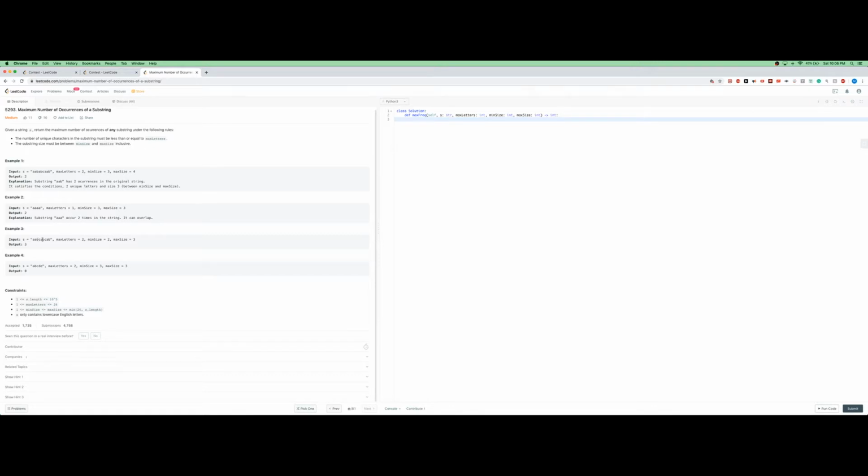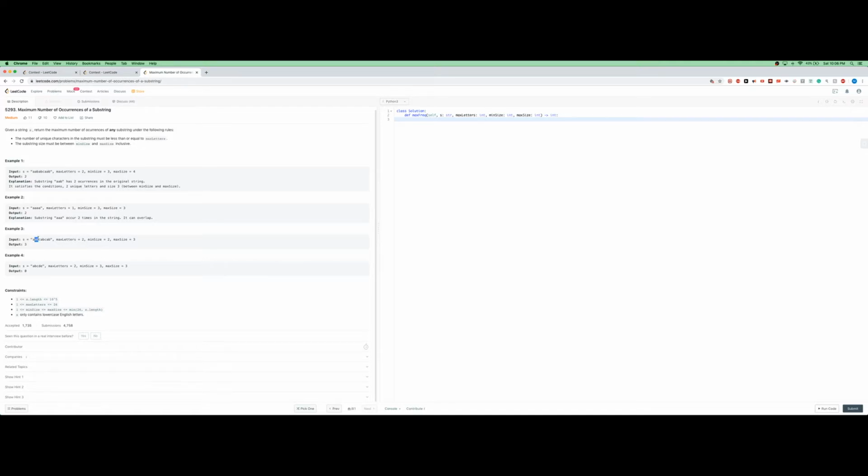For this one, max letters is 2, the range is 2, 3. If we take ABC, ABC occurs here, ABC occurs here, so it occurs 2 times. Now we can't take ABC because max letters is 2. Maybe we can take AAB. No, doesn't look like it. Maybe we can take AB.